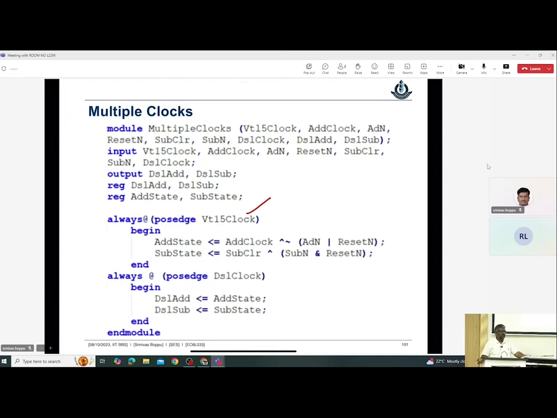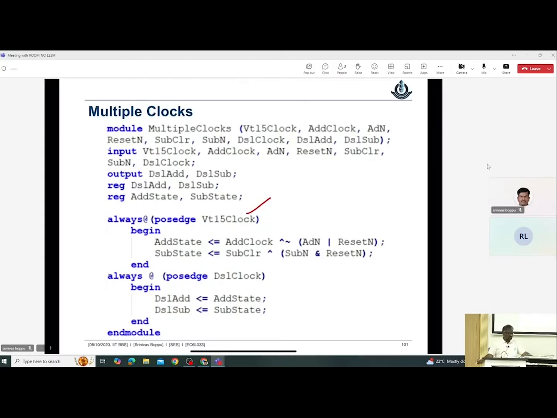Otherwise we have a problem: to which clock should we connect? But we can read under another clock, that is what is happening here. Here add state is being assigned under one clock, but it is being read in a different clock, that is okay.